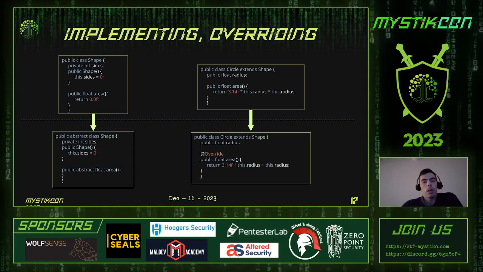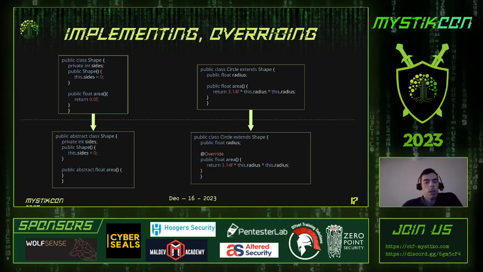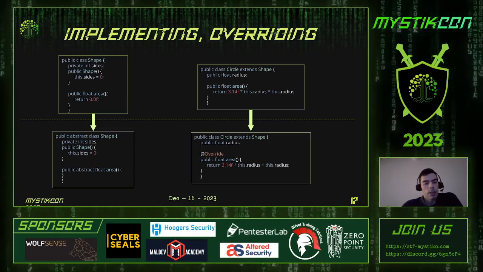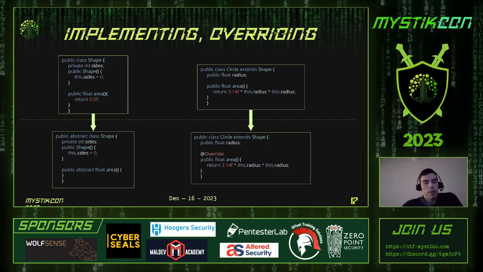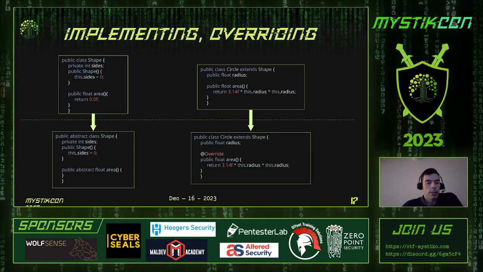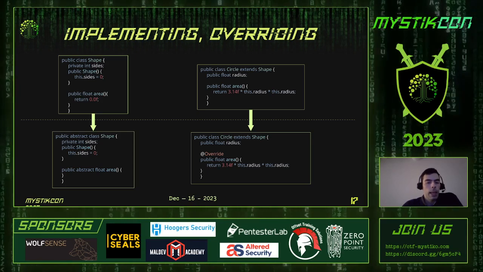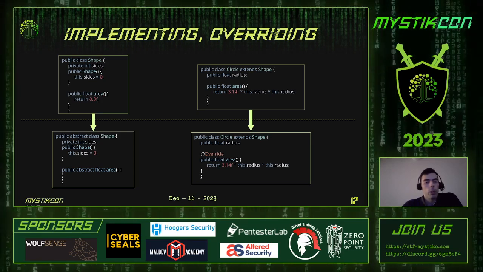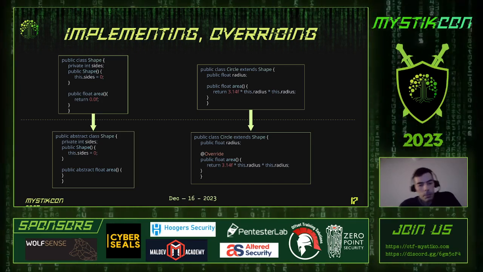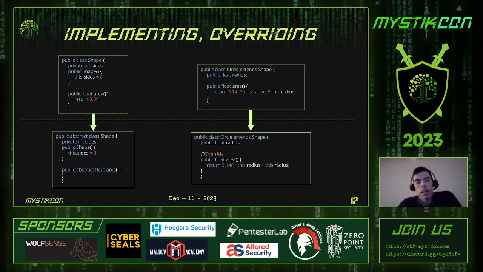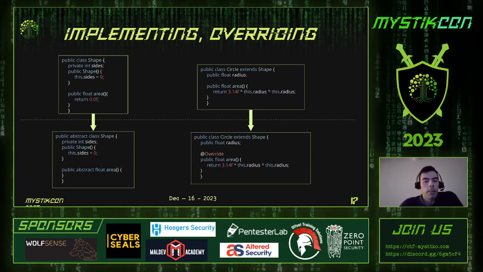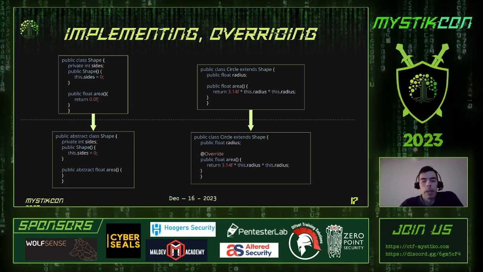But if we want to have an abstract class, as you can see here on the left, the first class turns into what's on the bottom, and you can see now that we use the abstract keyword in the area method definition, and the method itself is empty. There is not even a return statement.